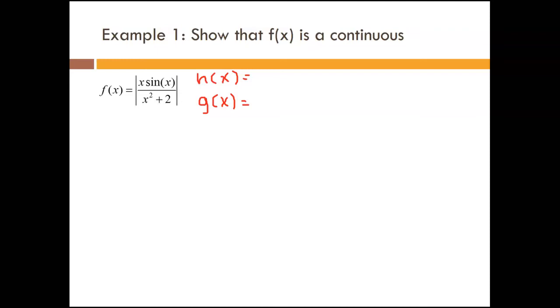So we want the composition of these two functions to equal f of x. We're going to create our two functions, h and g, so that g of h of x is equal to f of x.